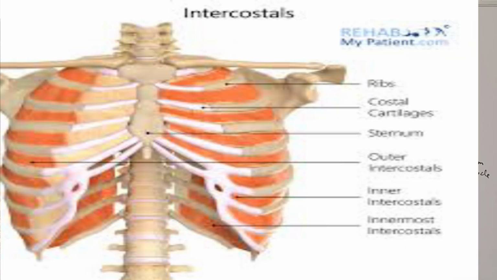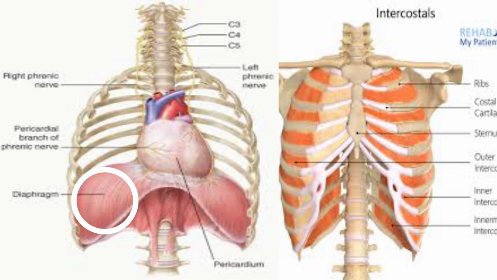Then we have the intercostal muscles between the ribs and then the diaphragm. These form a solid airtight chamber for the heart. Notice the heart lies behind the sternum, also a protective shield.